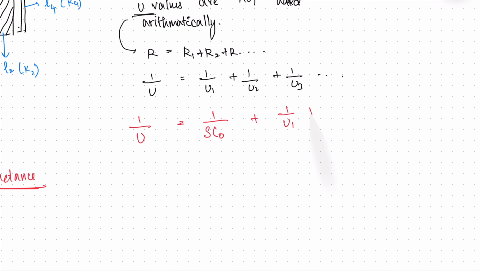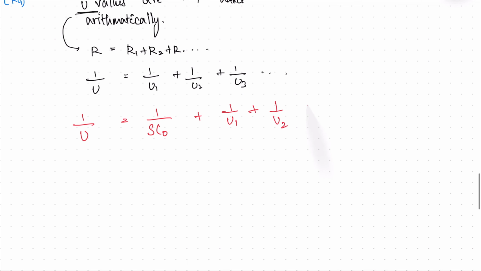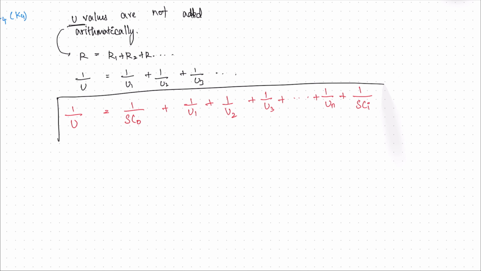So 1 by U1 plus 1 by U2 plus 1 by U3 plus so on, till 1 by Un, and lastly you'll add your surface conductance of the inner layer. And this is the formula for a multi-layer surface.